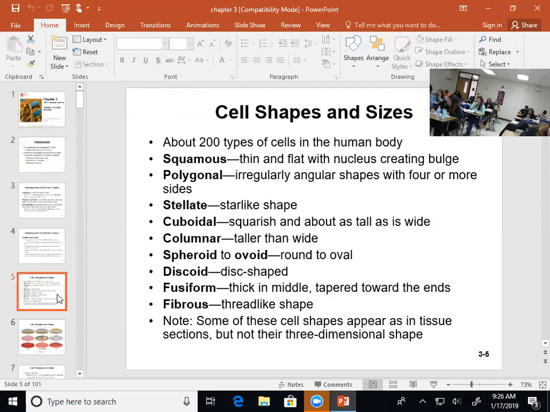They're going to be influenced by whatever the environment is. So sometimes they look really thin, sort of flat, sort of amorphous, right? Poly always means what as a prefix? Multiple or many. So polygonal, these are going to be irregular shapes with many sides. Stellate is star-like. And again, we can see pictures in a second, but cuboidal, cubes, y'all know to be what? Squarish, right?